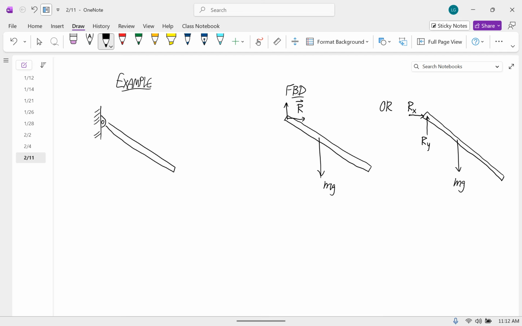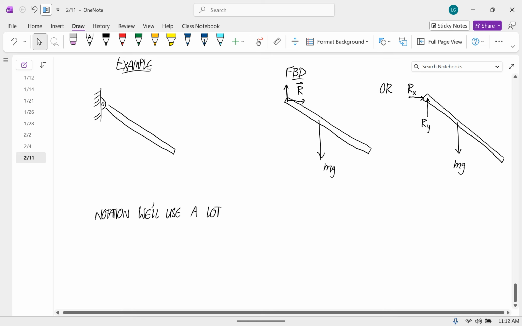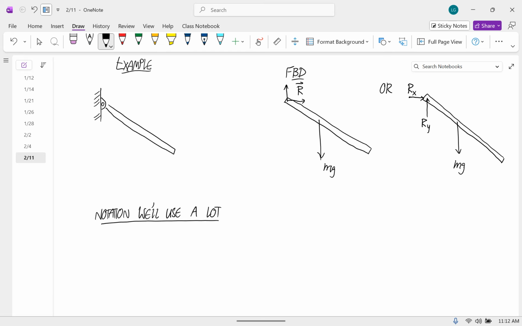So one thing that we're going to use a lot, and this is for vector variables. So don't use this when your variables are scalars. Just use them when they're vectors.